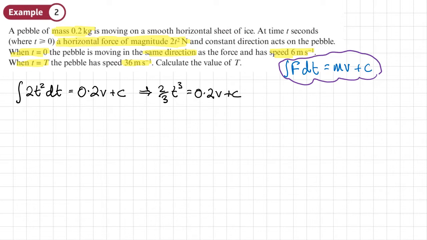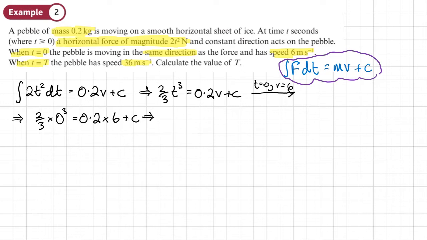Now we can use the fact that it says when t is 0, the pebble is moving in the same direction as the force and has speed 6 meters per second. So we'll use t equals 0, v equals 6 to find c. So we will have 2/3 times 0 cubed is equal to 0.2 times 6 plus c.